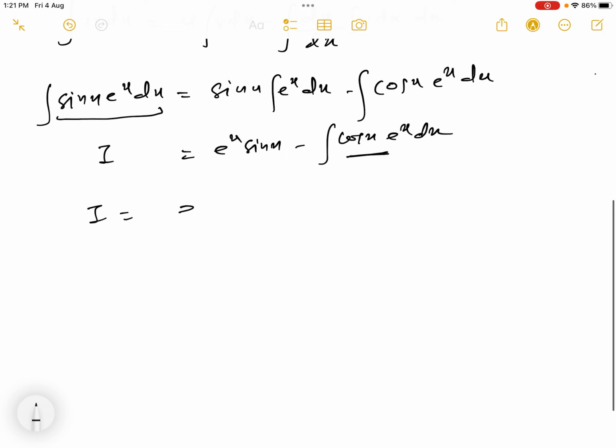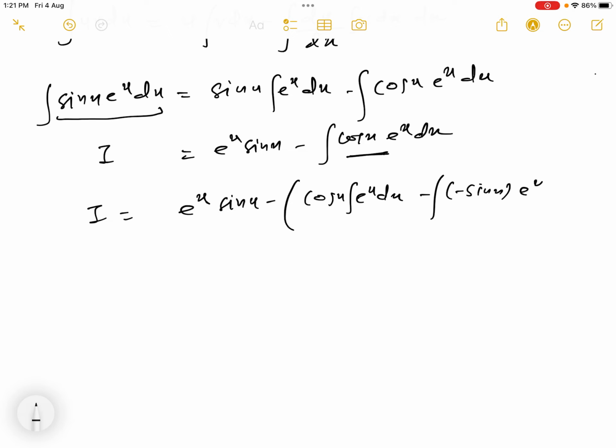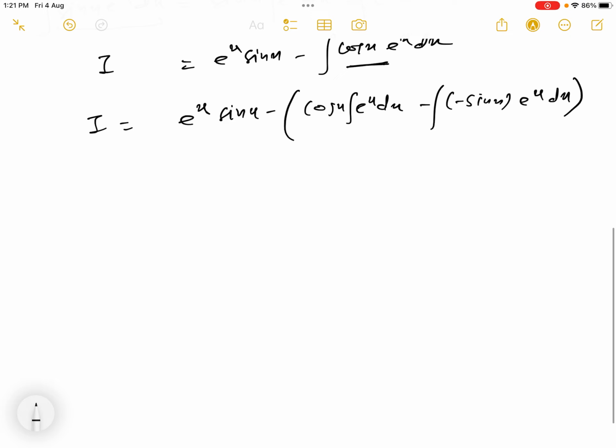So I can be written as e power x sin x minus [cos x times the integral of e power x dx minus the integral of the differential of cos x, which will be minus sin x, and e power x dx]. I equals e power x sin x minus cos x e power x plus the integral of sin x e power x dx.